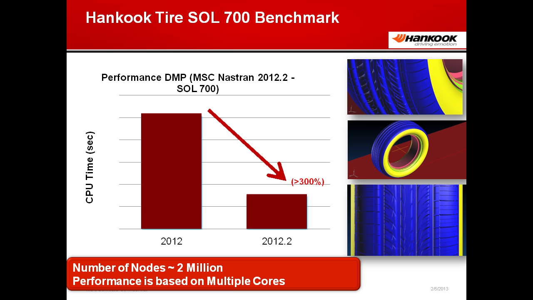There are about 2 million elements in this model, and the customer ran this job with the 2012 version of Nastran and compared that with the previous version. They were able to get more than 300% performance improvement on a number of cores which I'm not allowed to disclose. With version 2013, we're expecting even better performance.